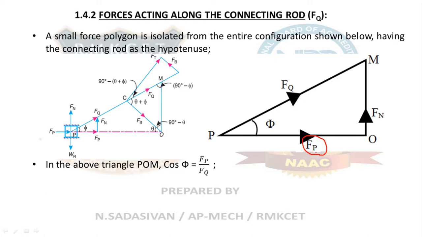What is the adjacent side of phi? Fp. The hypotenuse always lies opposite to your right angle. Whichever side in a right angle triangle is exactly opposite to the 90 degrees is your hypotenuse. So if this is your phi and this is your hypotenuse, this is your adjacent side. So cos phi equal to Fp by Fq.